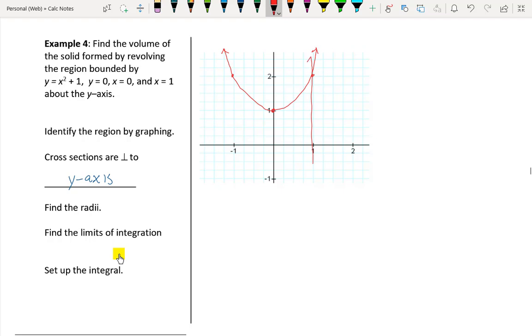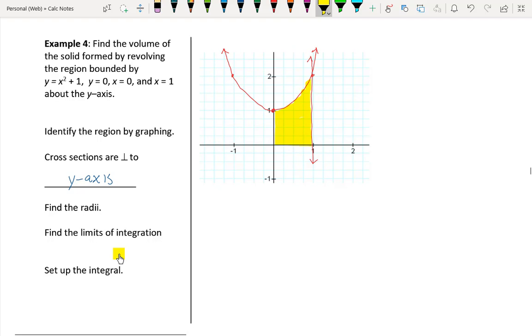So we're going to take this function right here, and this is my bound between these, and y equals 0 and x equals 0. So this is the area that I want to rotate here.